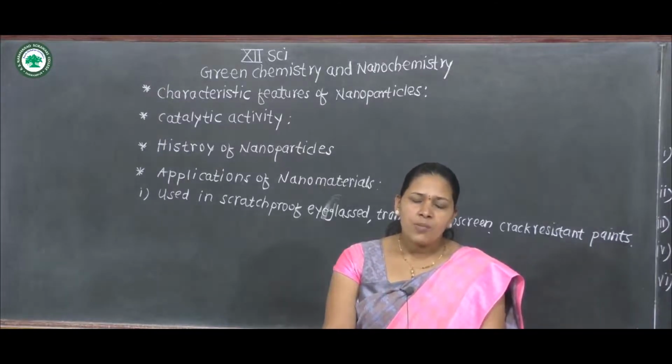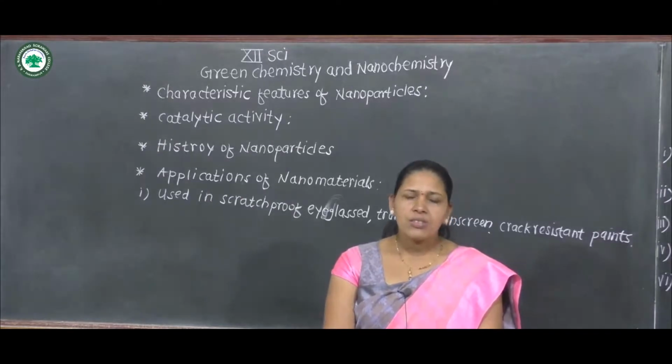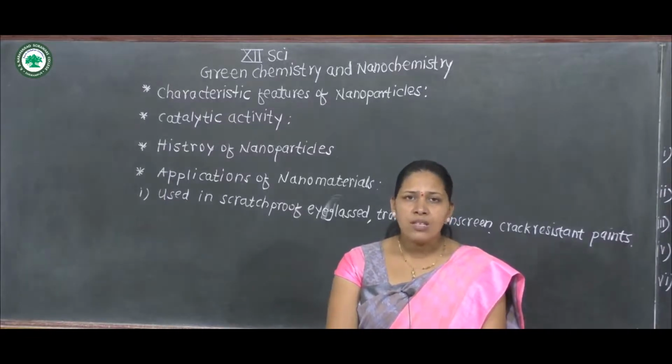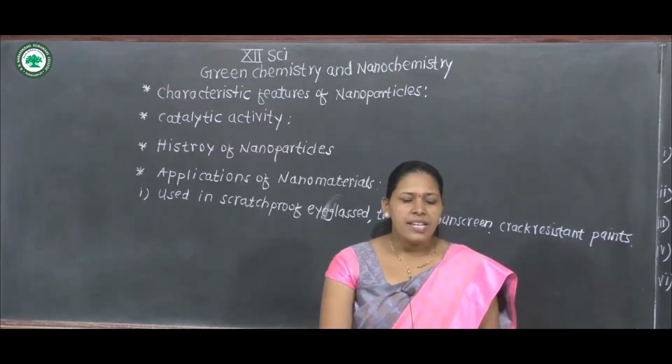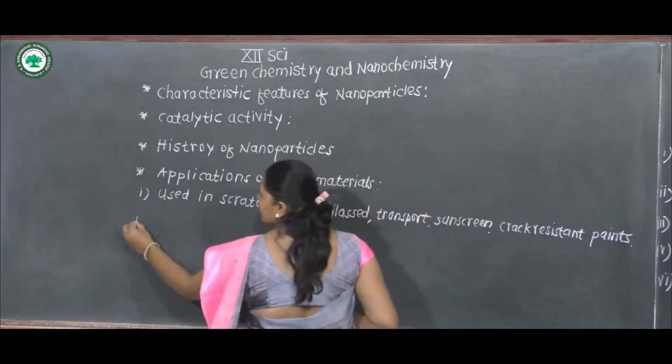Then one of the most important uses of nanomaterial is in sunscreen. We know that in sunscreen, zinc oxide and titanium oxide nanoparticles are used that protect our skin against ultraviolet radiation from the sun. Then the next application is in electronic devices.